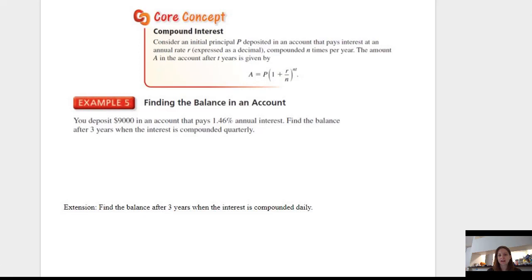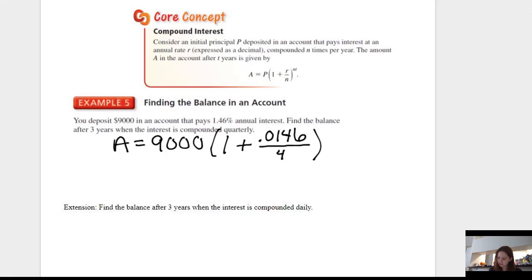Okay, so we use this formula for compound interest problems. So we want to know the amount after 3 years. The p-value, the principal amount, is the amount we started with, which is $9,000 in the account. 1 plus the annual rate, written as a decimal, 0.0146, over n, the times per year. This is compounded quarterly, that means 4 times a year.